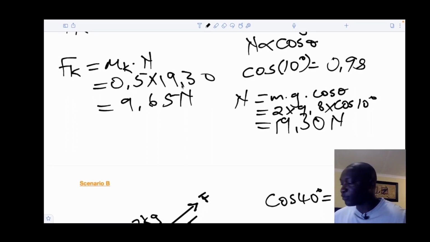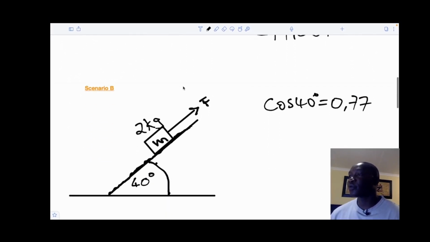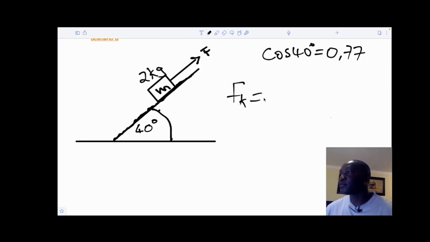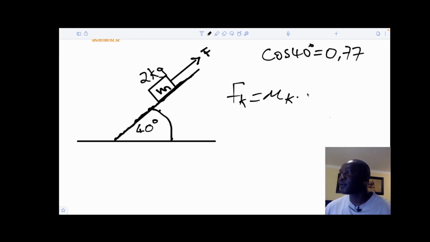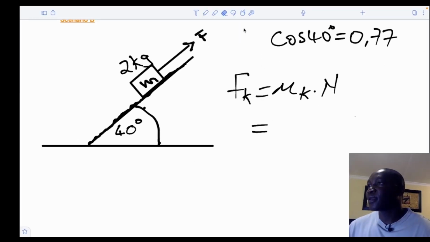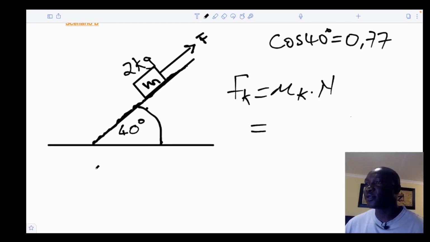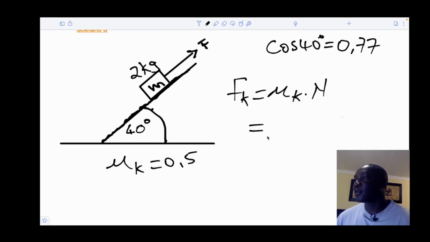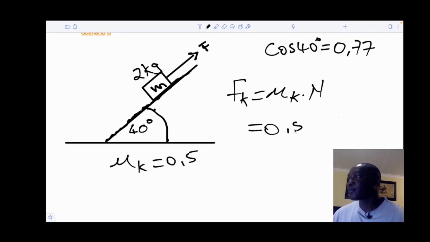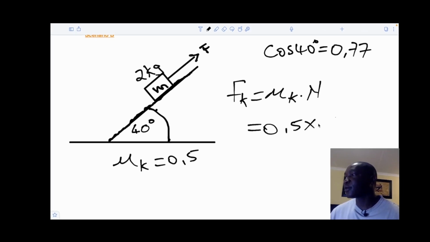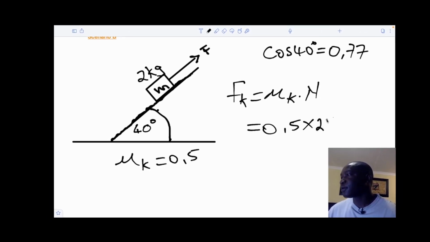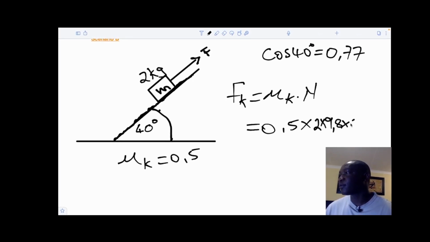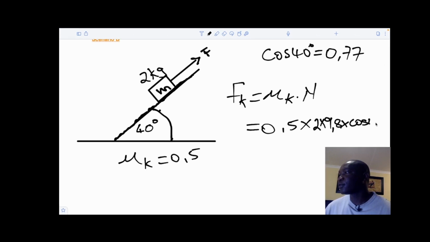Now if we do the same calculations for scenario B, the kinetic friction force is given by the coefficient of kinetic friction multiplied by normal. The coefficient of kinetic friction is still the same value, 0.5, multiplied by the normal, which is mg cos of theta, so 2 times 9.8 multiplied by the cos of 40 degrees.